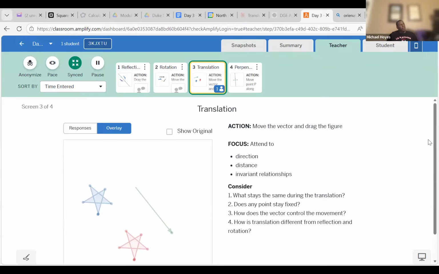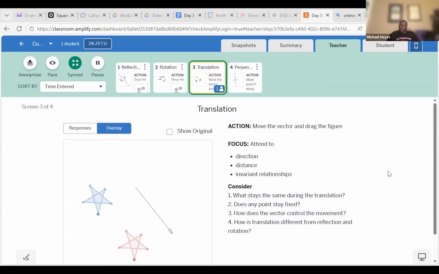Is there a scenario where the absolute position would stay the same? As long as the vector magnitude is zero, then the image is the same as the pre-image, right?